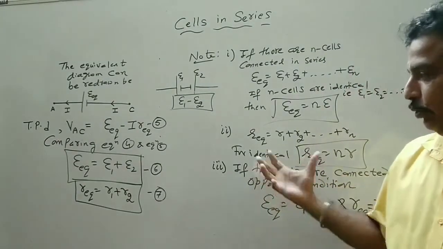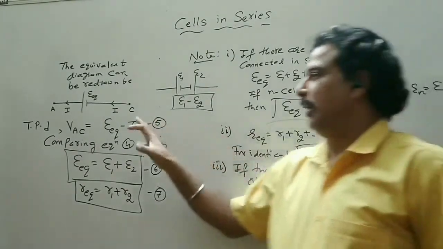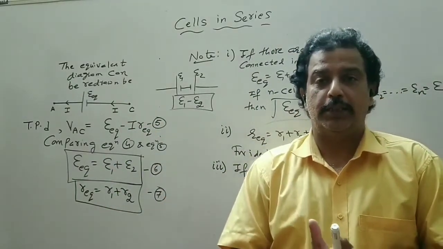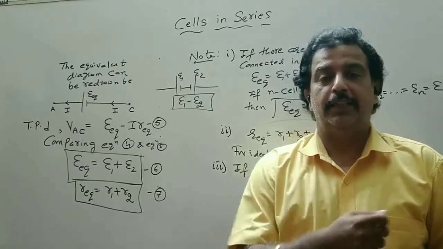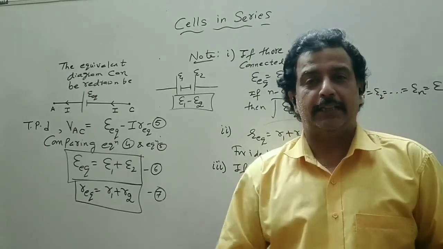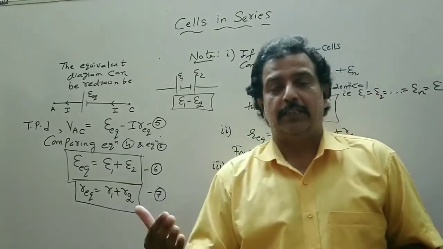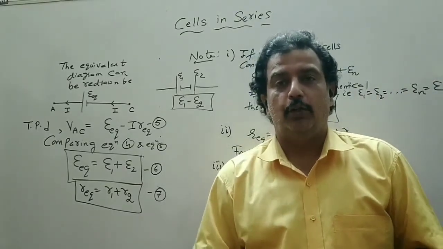And you have to remember this was only about the two cells, not an entire circuit. Otherwise we will see in the numericals there will be an external resistance connected to the cells, with a number of cells connected in series or parallel combination.